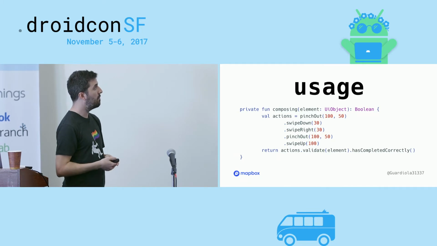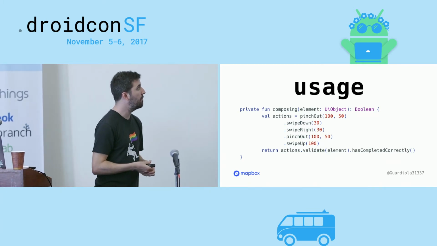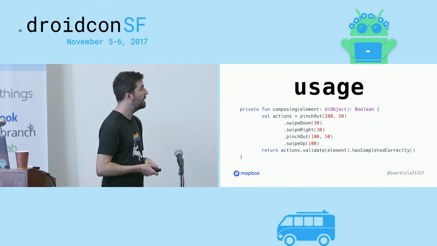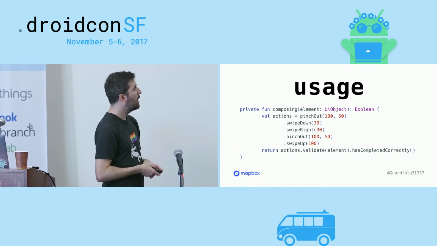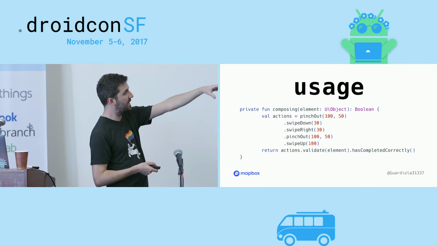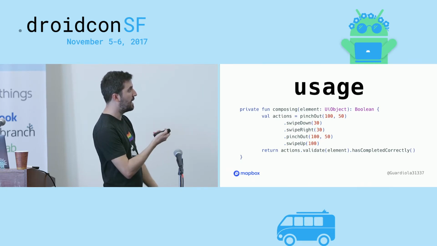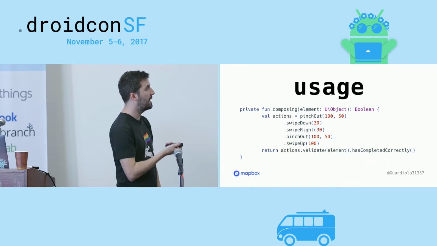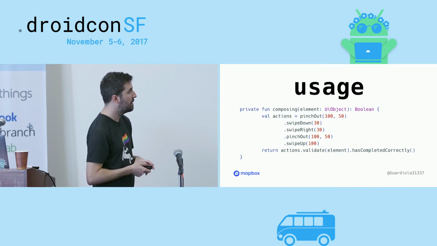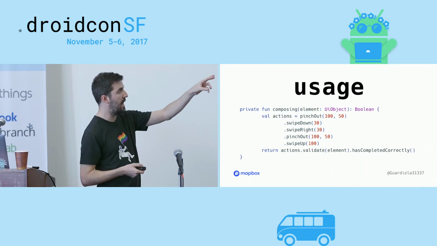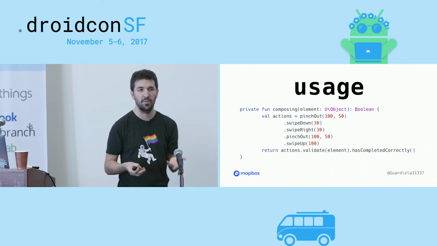Here we have a function which takes a parameter, which is the element. For those of you who are not familiar with UI Automator, the UI object is basically a view.